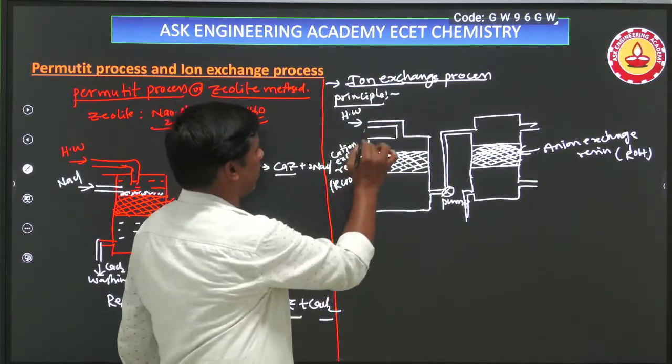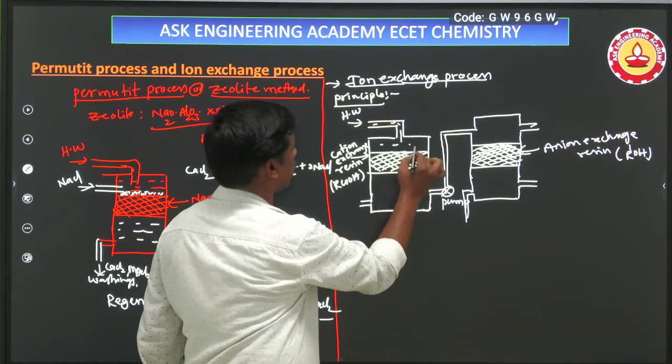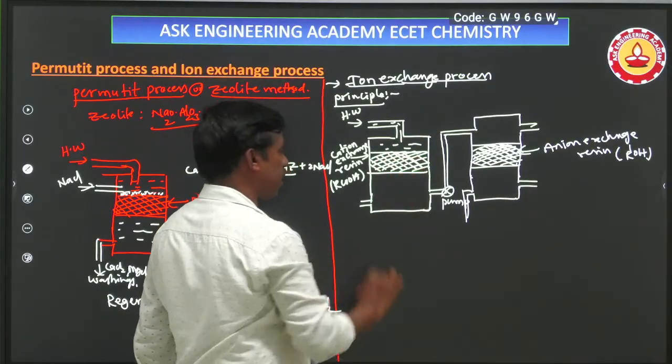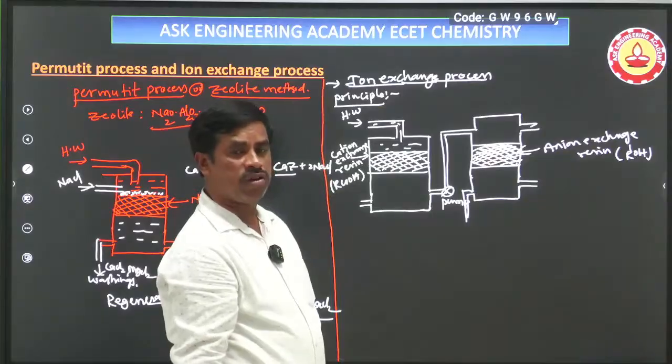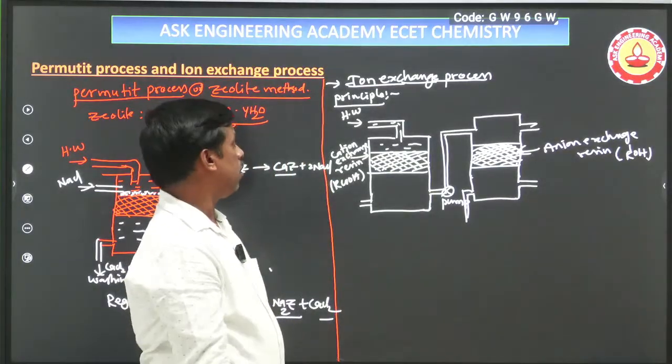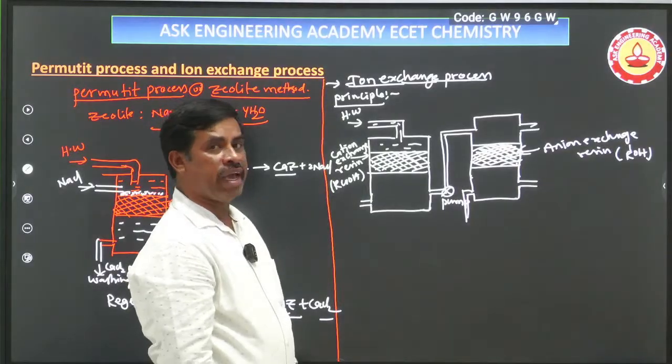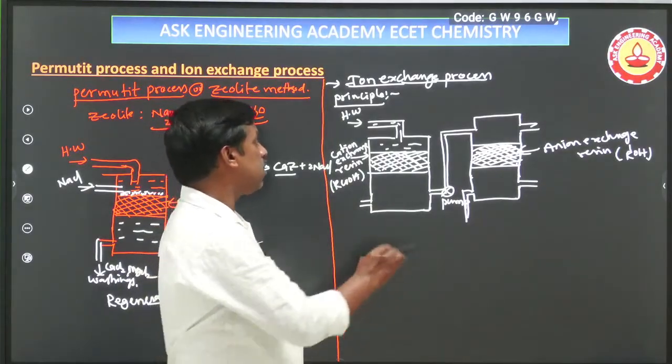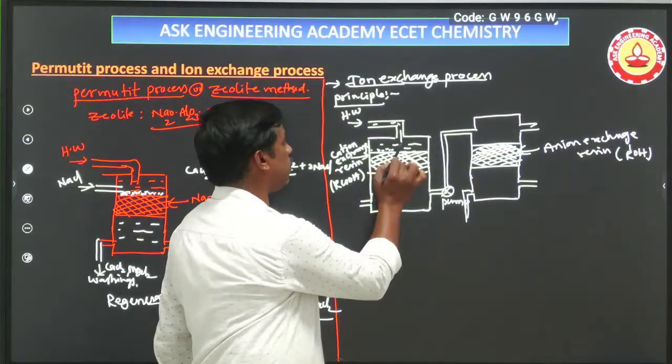Whenever hard water comes in here, this cationic exchanging resin has a large number of microporous structures, allowing only the pure solvent and anions through. Cations are going to stop on the surface of this bed.